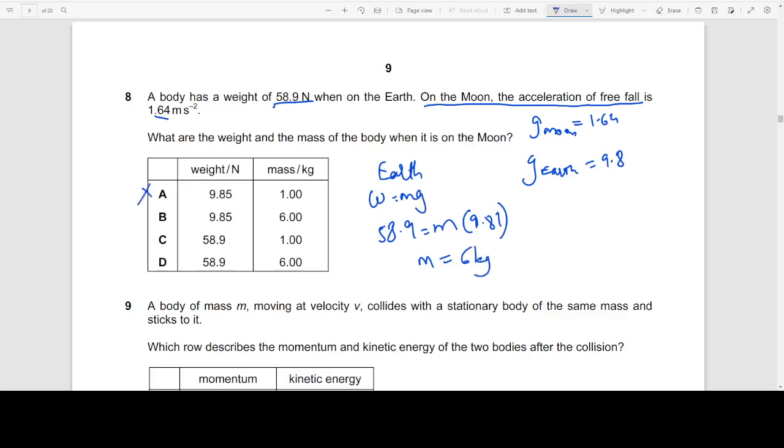So option A and option C are out. Now we just have to find the weight on the Moon, which is again mg, which is 6 kg into 1.64, which is 9.84, approximately 9.85. So the correct answer is going to be B.